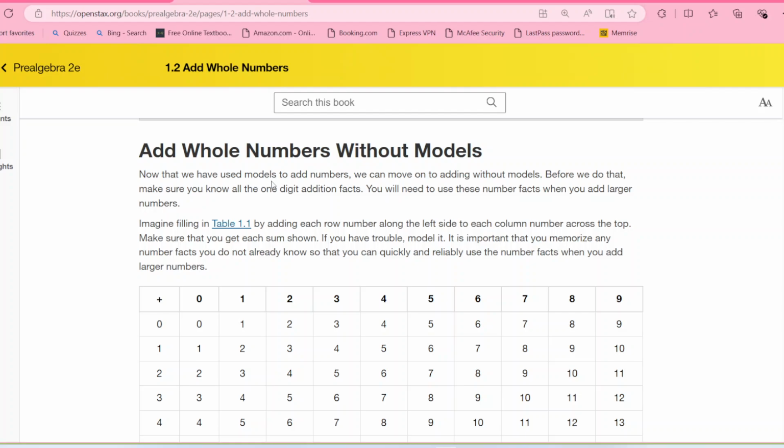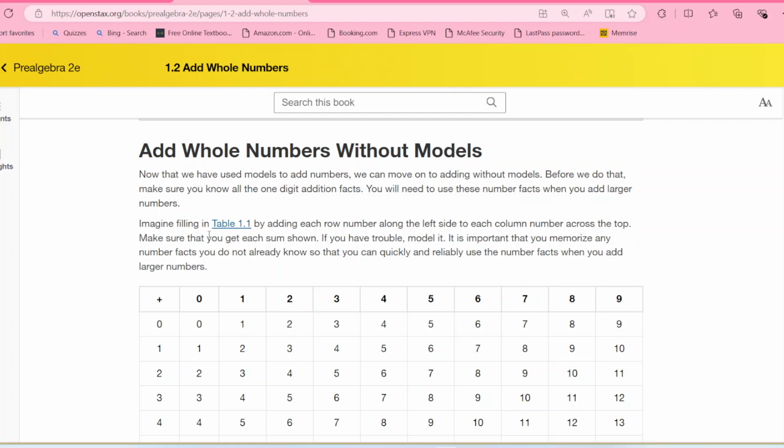Now that we have used models to add numbers, we can move on to adding without models. Before we do that, make sure you know all the one-digit addition facts. You will need to use these number facts when you add larger numbers.